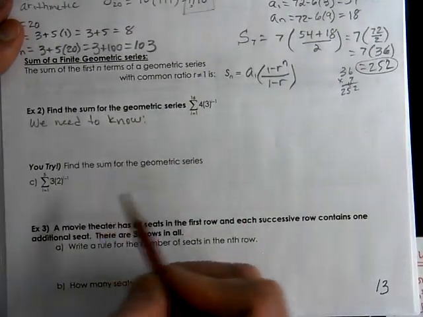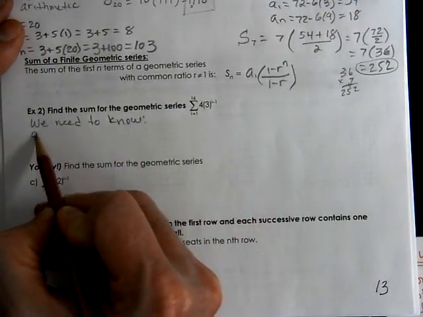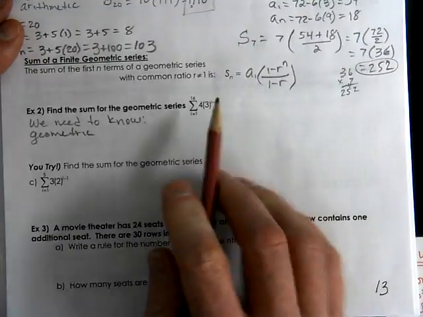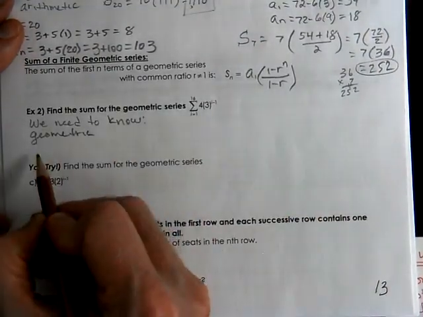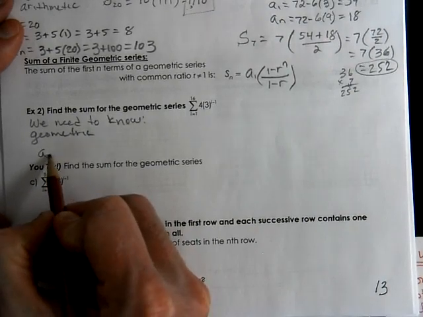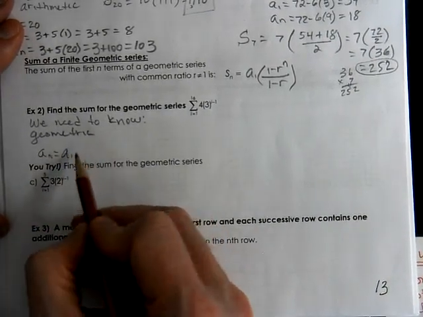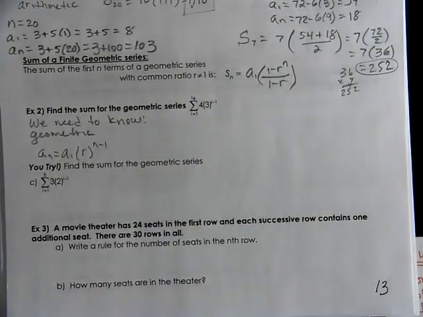What we need to know. We need to know this is geometric. How do we know this is geometric? It has an exponent. That's probably a good start. Not just any exponent, but a variable is part of the exponent.